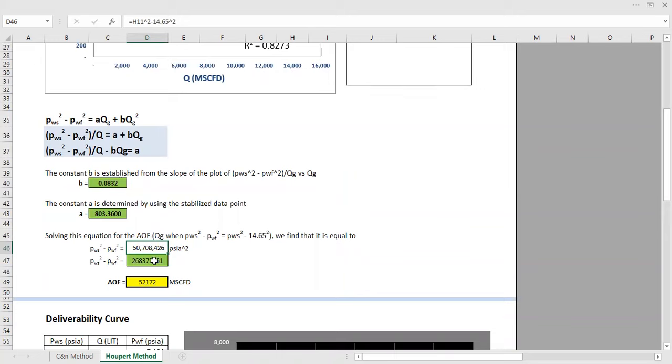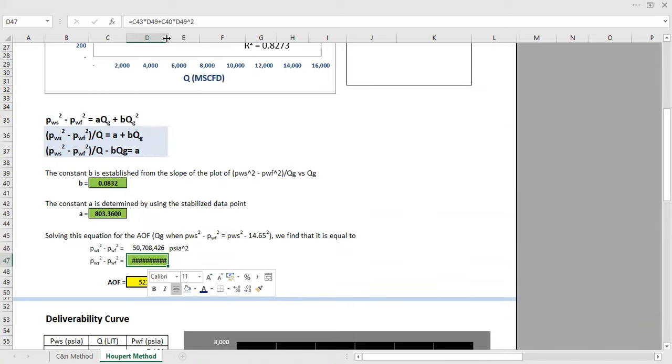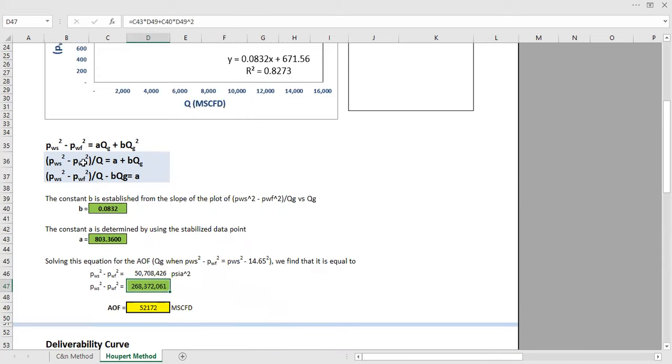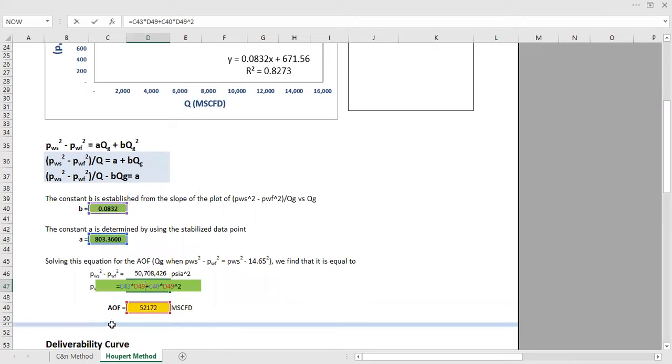Okay, and then we will calculate this. We will also calculate this one, but we will use this formula. Okay, so you can follow me.